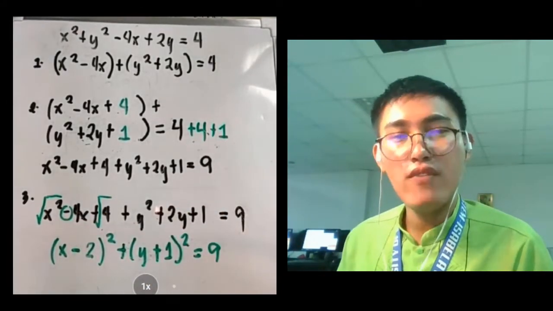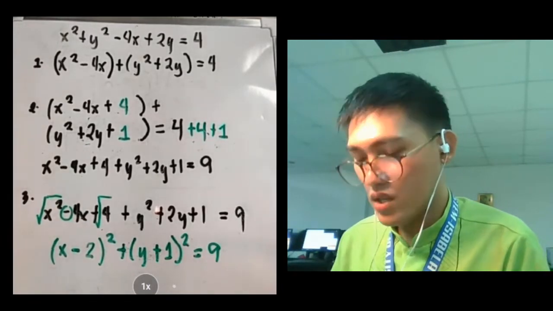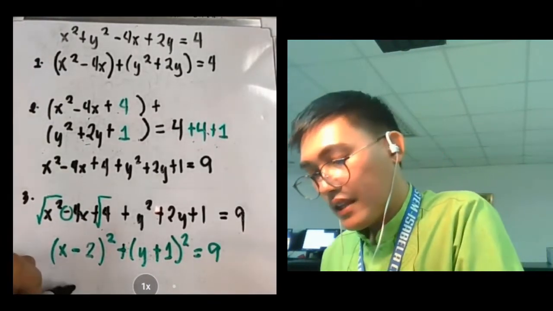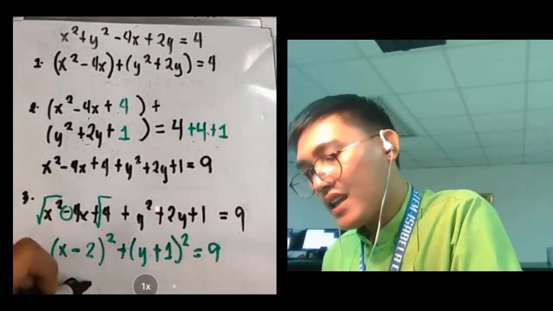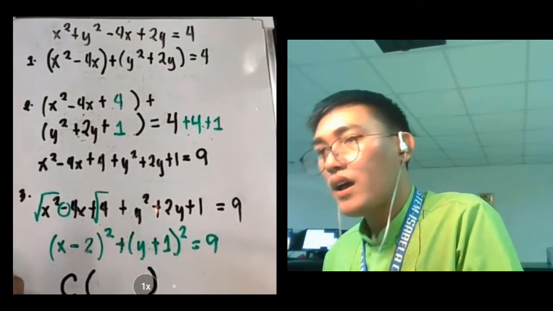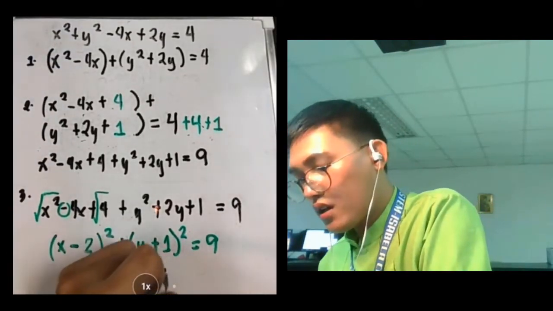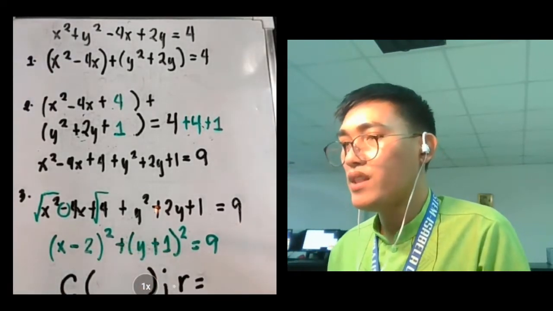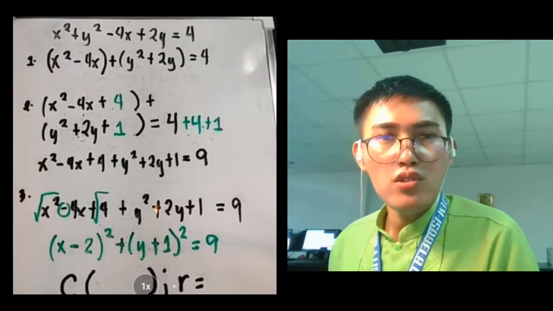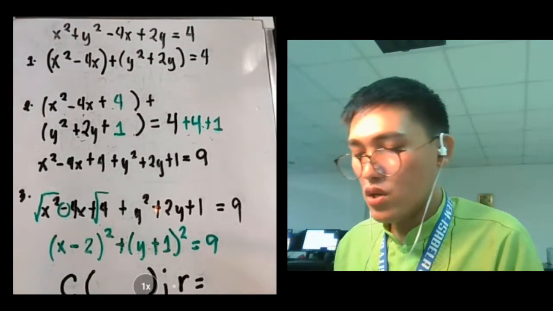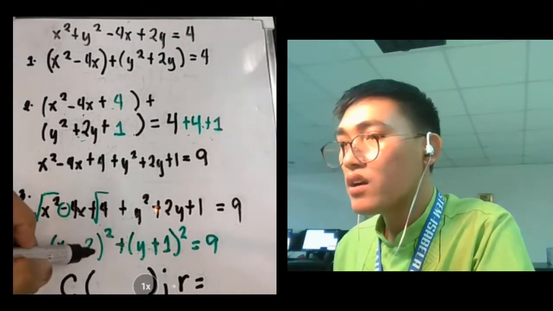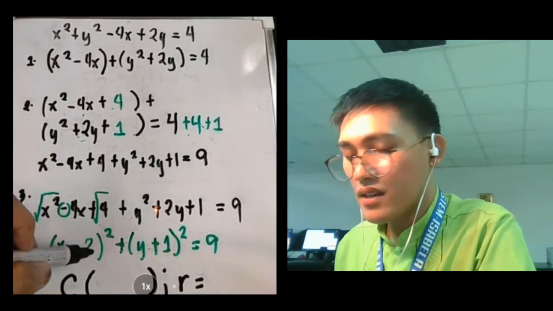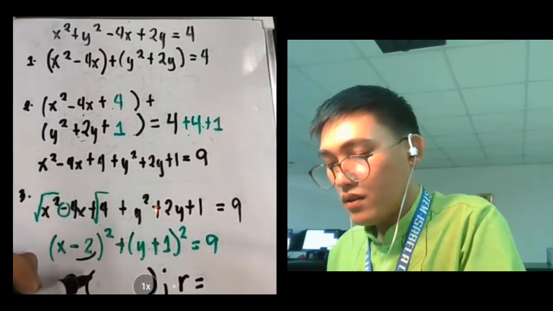So the last step for step number 3 is we have to get the center and also the radius of the circle. Let's start with the center. I taught you in the last video, if we have here h and k, you will just reverse the sign.